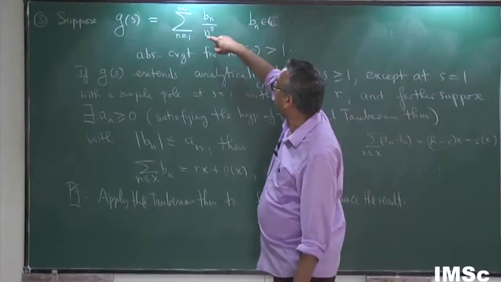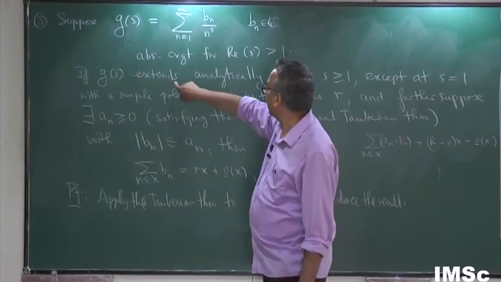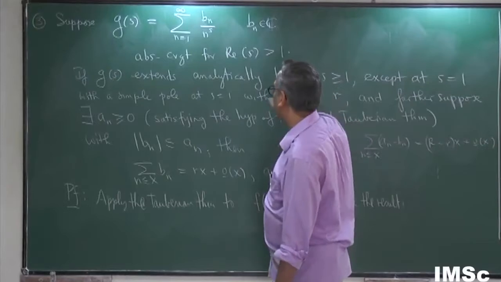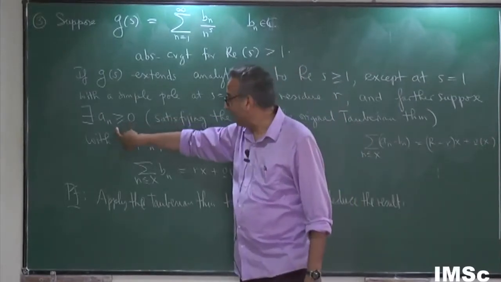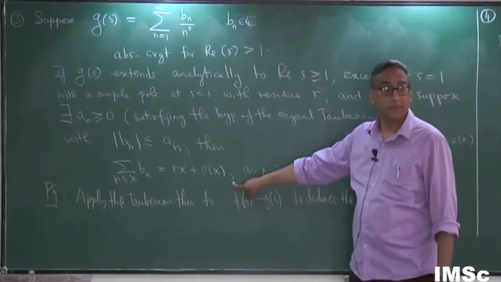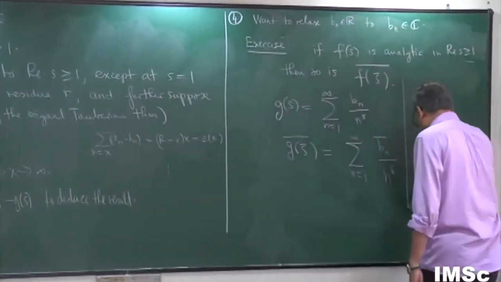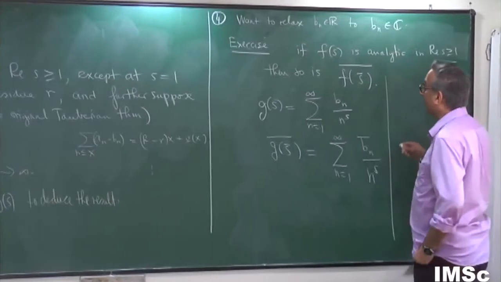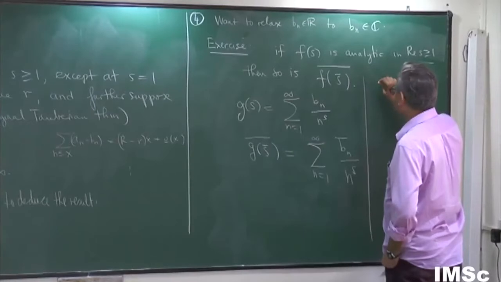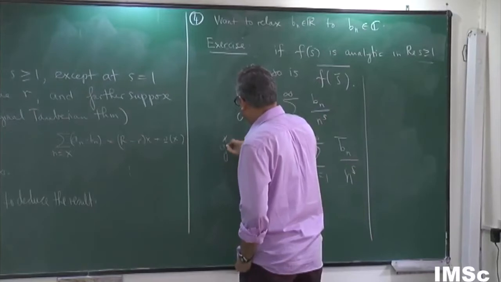If I do that, let's suppose I want to now say this theorem is still valid. So it extends analytically, except for a simple pole with residue R. Suppose there are these a_n's which are non-negative that satisfy this in the usual fashion. And then I'm going to assert this. And how do you assert that? I'm going to leave this as an exercise for you. It's pretty routine. The idea is you look at, let's call this G star of s.